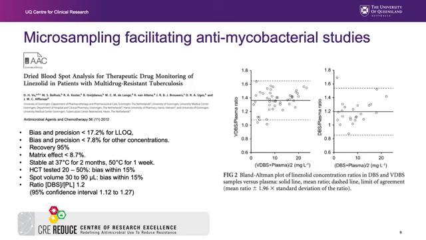And that's a result that shows that there is a difference between capillary and venous blood. However, when they corrected the data to compensate for this, and then compared the AUCs acquired by DBS to plasma, they had a really good correlation. But it did require that correction factor.